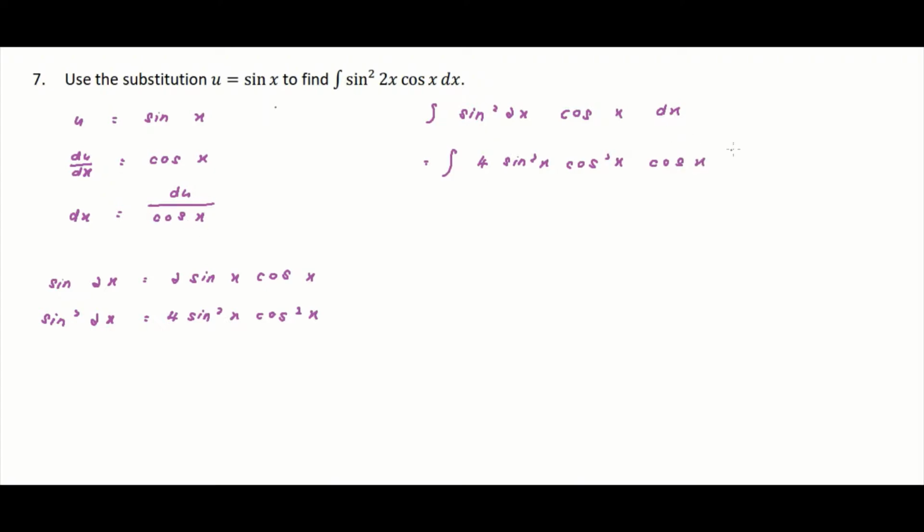Your dx is du over cos x. Okay, so now what you can try to see here, so you have sine square x. You can see that the cos x and the cos x here, they can cancel out each other, right? So what do you have left? You have left cos square x, then du.